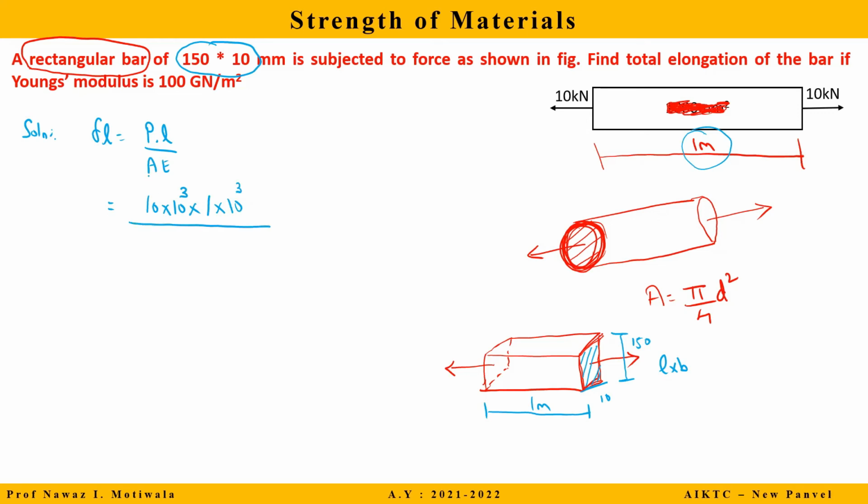Divided by, now this is the change, in place of area it will be 150 multiplied by 10, the area of this rectangle, multiplied by E. The value of E is given as 100 giganewton per meter square, so it will be 100 multiplied by 10 raised to 3. Now just solve this expression and tell me the answer. What is delta L? 0.066.